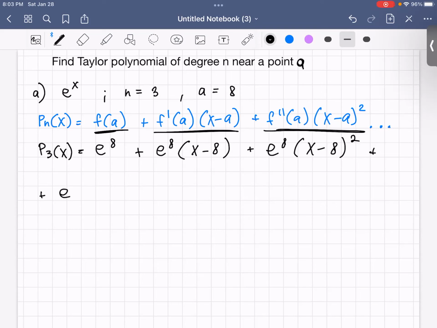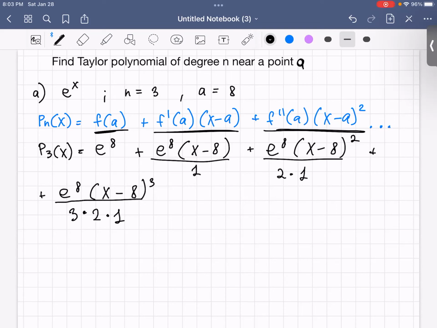It's just e of 8, but then x minus 8 cubed, and we also have to divide this whole thing by 3 times 2 times 1, and this we also have to divide by 2 times 1, and this we have to divide by 1. So basically this is what the Taylor polynomial of e of x to the degree 3 looks like.